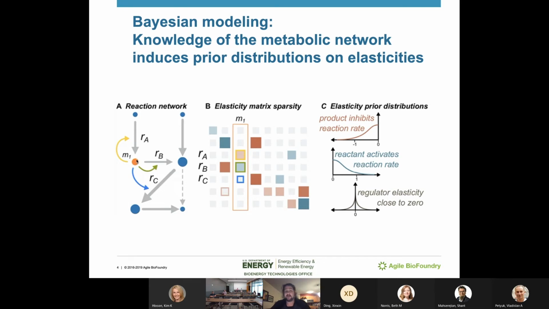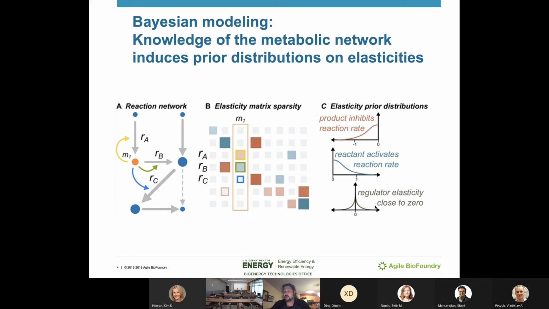And then it could also be the case that M1 has some kind of regulatory effect on RC, but we don't think that's true in general, so we're just going to assign a very small prior distribution to that. We'll allow for the possibility that M1 can inhibit or activate RC.